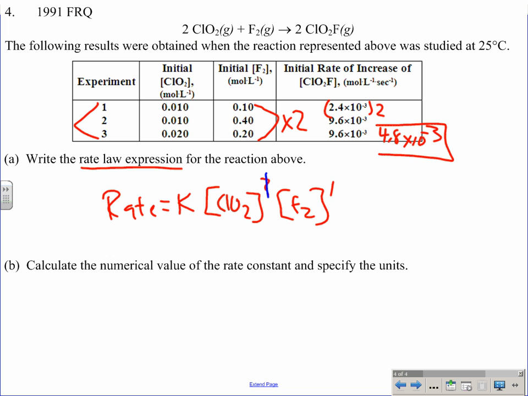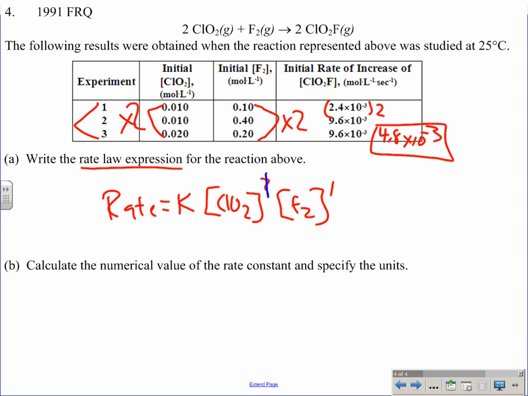So think of it as that is my new rate. Now, what happened here is also a double. Well, I doubled this, and 4.8 to 9.6, that's a double. Double, double, that would be first order. So remember, if you're confused by the first way, looking at experiment 1 and 3, it was much easier to see that it was first order.